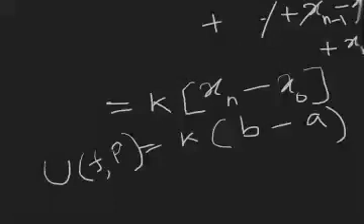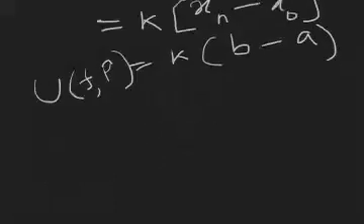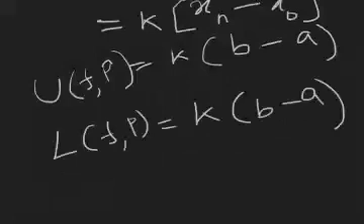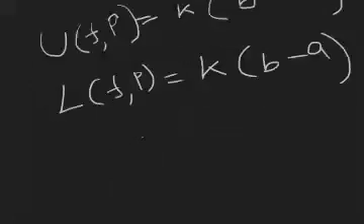Similarly, using the definition of lower sum, you can compute the lower sum, which is also the same, k times b minus a. You can calculate this yourself and you would get this one.